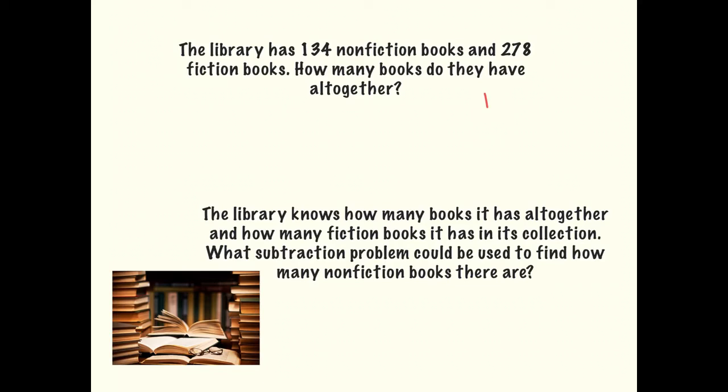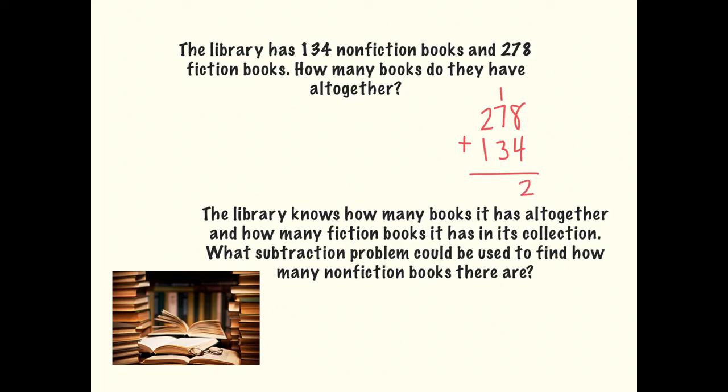I'm going to put the larger number on top. Notice how right away I noticed I was doing the opposite and just writing the first number. It's always good to get in the habit of putting the larger number on top first. So 278 plus 134. I'm going to go ahead and move my work down here because I use the carry above method. So 8 plus 4 is 12.